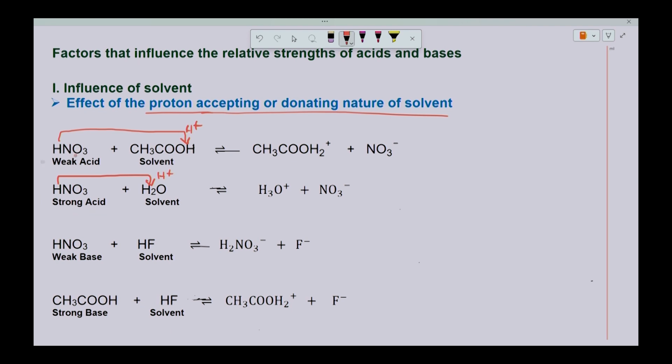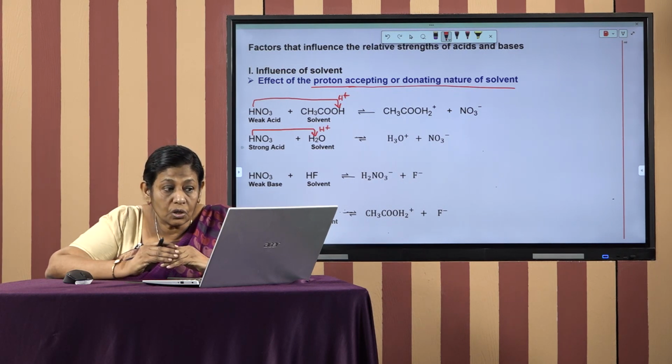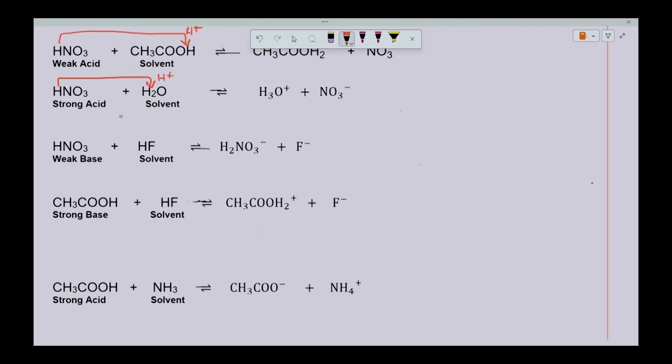In one case nitric acid is acting as a weak acid, in the other case it is acting as a strong acid. When nitric acid is added to hydrogen fluoride, which acts as a solvent, hydrogen fluoride is a very strong protonating solvent.